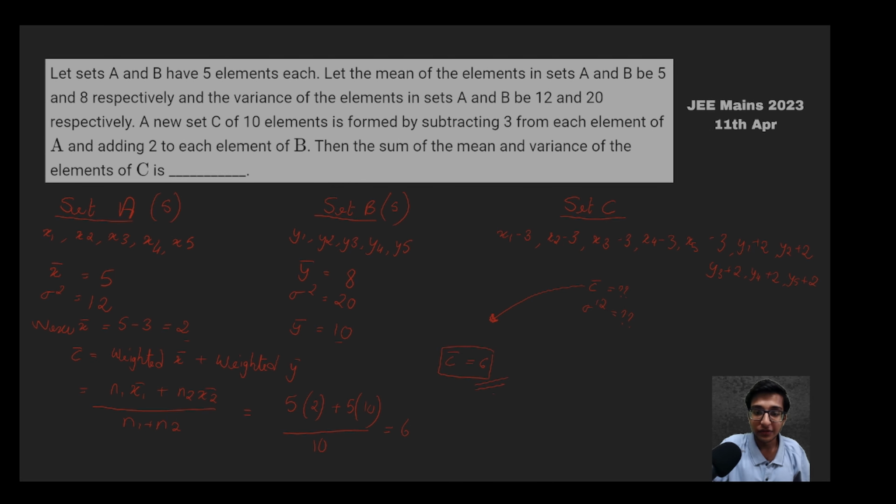Now let's try to find out the variance. Now for variance also you can use the same combined mean formula. However, that would become a much more difficult and lengthier version for you. So let's try to find out in some different way. So for C, sigma C square, we can write this down as summation xi minus 3 whole square, since this is the first set, plus summation yi plus 2 whole square, this entire thing divided by n, minus mu, or let's represent this by c.